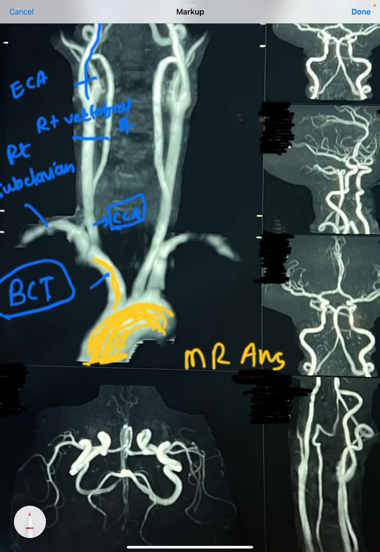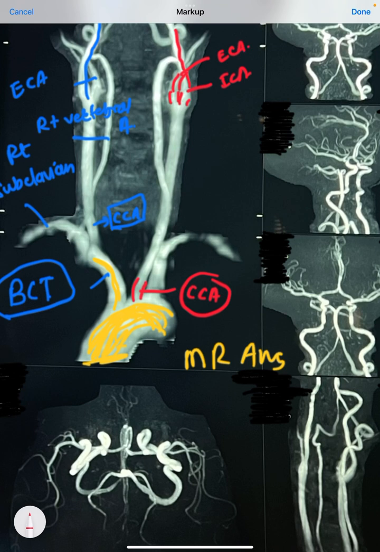Now after this brachiocephalic trunk, the second branch which arises is the common carotid artery. So the left common carotid artery, CCA, is a direct branch of the arch of aorta, and then it goes up and divides into the internal carotid artery, which is going medially, and the external carotid artery, which goes outside.